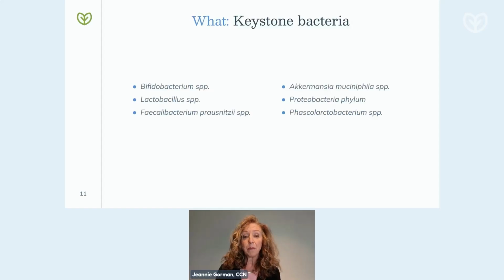We'll talk about that. The Proteobacteria phylum itself is a more aggressive grower when there is inflammation in the gut. So you may have a high level of Proteobacteria phylum in general for that high inflammation patient like IBD. And then the Phascolarctobacterium species is also relevant to the patient's history and symptoms. It's good to see that if the patient is struggling, say, with their weight or with constipation, some of that may lie in what's going on in their microbiome. So taking the deep dive is very interesting.